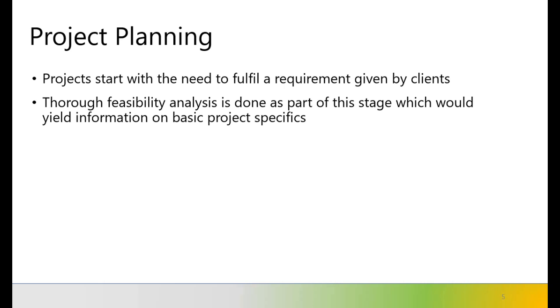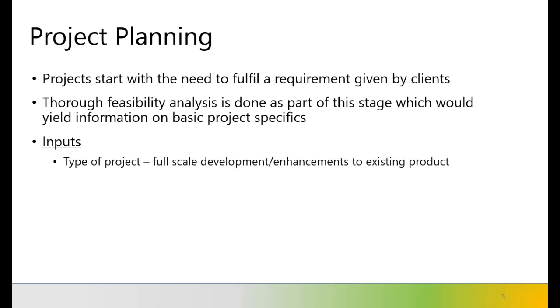Now quickly look at what the inputs are here. The inputs start out as the type of the project, the mode of the project, and budget. You may have a question on what the type of a project is. Is it a full-scale development or is it an enhancement to a product that already exists? And from a mode of the project standpoint, is it a fixed price project or is it a time and materials kind of project, where it can change over time based on more materials that are acquired?